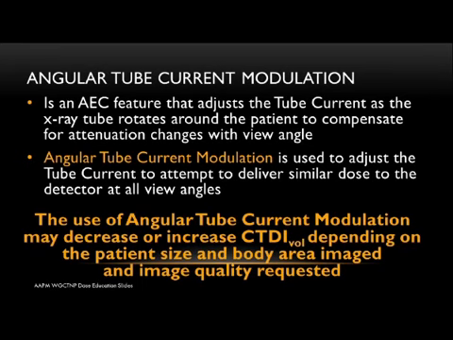The intent is to attempt to deliver the same number of photons to the detector at all view angles. Again, the use of this may end up increasing or decreasing the CTDI vol for a patient, depending on their size and the body region that you're scanning. There's no tried and true rule, like if I have this on, it increases or decreases dose. It's dependent on what you're scanning and who the patient is.